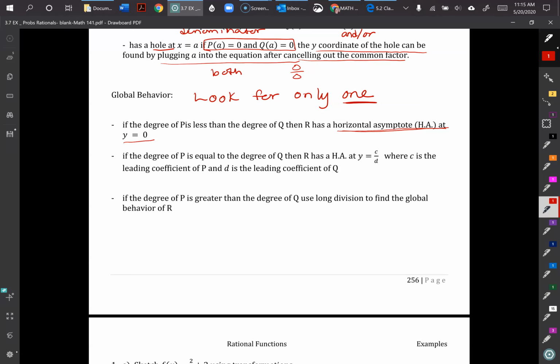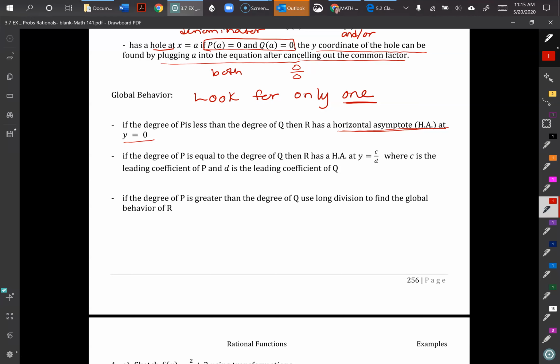Even if you have that same number but squared, it's going to approach 0.